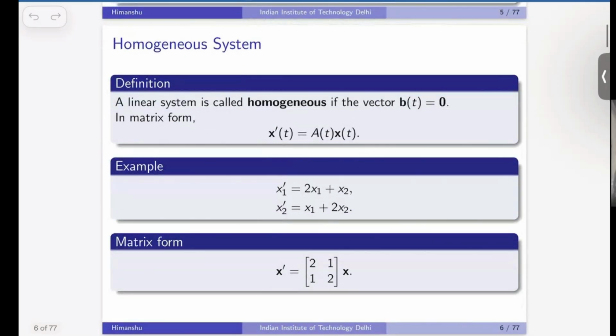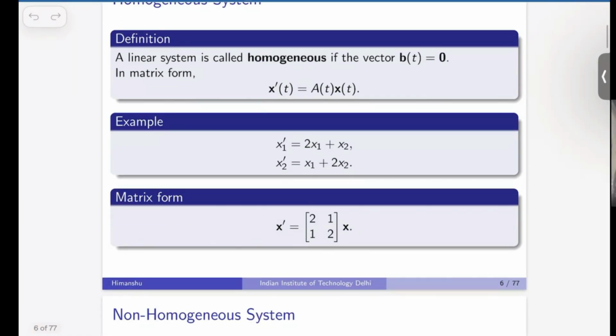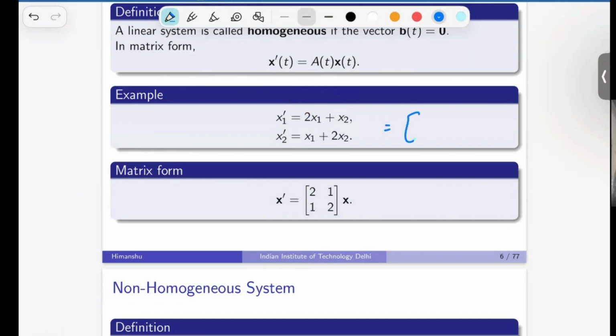Let's say our system is defined by x1' = 2x1 + x2, x2' = x1 + 2x2. How will we write it in the matrix form? We just take the coefficients out of the given system and write it like this: the matrix with rows 2, 1 and 1, 2, times the vector x1, x2.